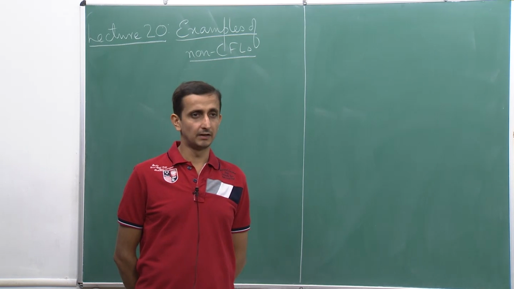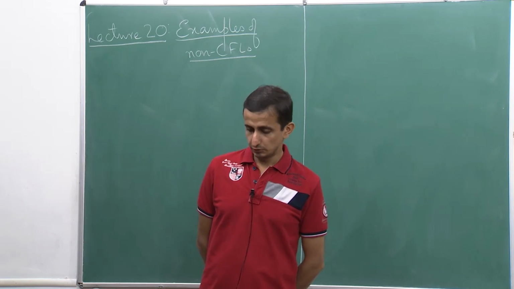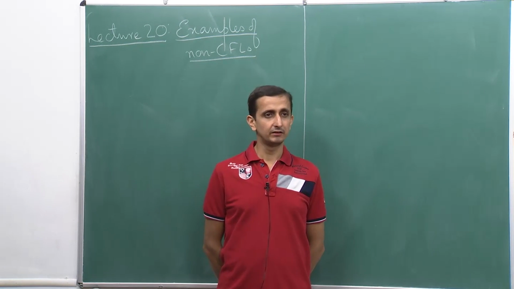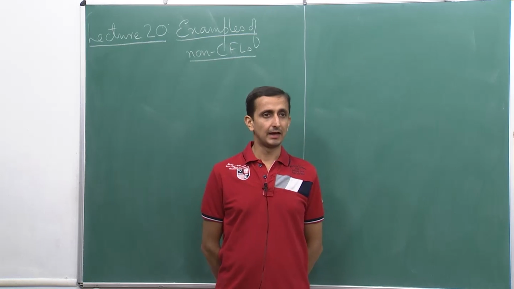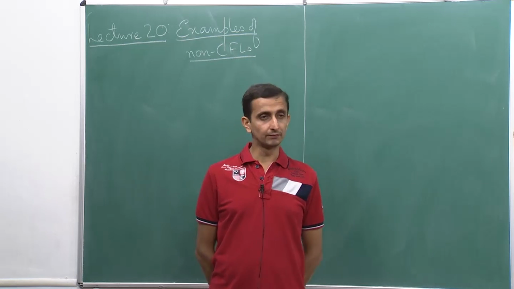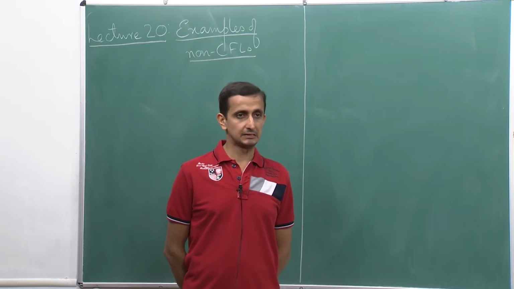Welcome to the 20th lecture of this course. In our last lecture, we saw the pumping lemma for context-free languages, and we also saw a proof of why the lemma is correct.